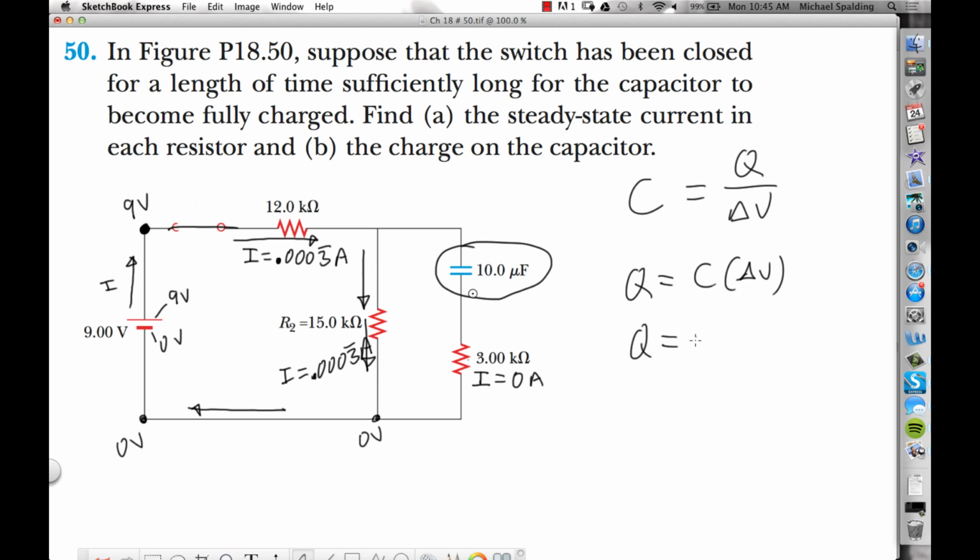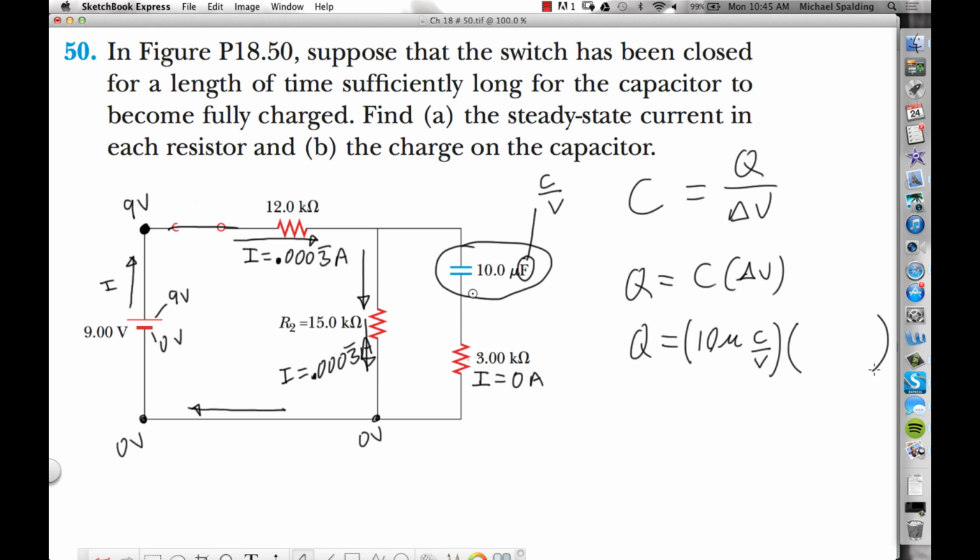The capacitance is 10 microfarad. Now hey, from Friday, who remembers what a farad is? Coulomb per volt. So you can just leave the micro there and plug in Coulomb per volt. So this is 10 microcoulombs per volt. Does that make sense? So that way you don't have to get into the 10 to the negative 6 business.